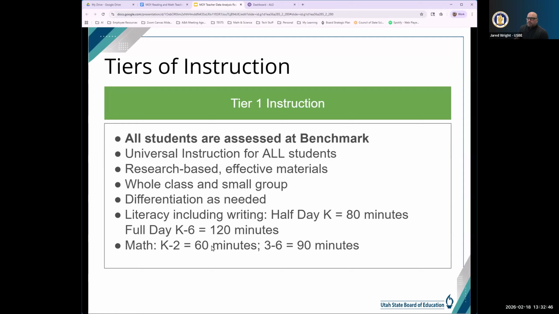So this is everyone just receiving the same instruction at this point. Whole class, small group, and then you can see the times as far as recommendations related to literacy, including writing, and then also math.